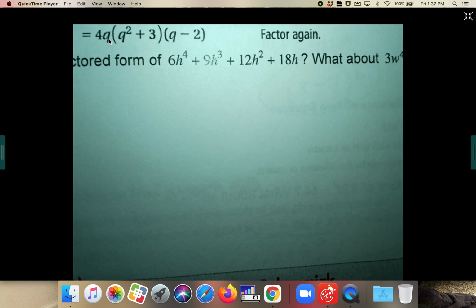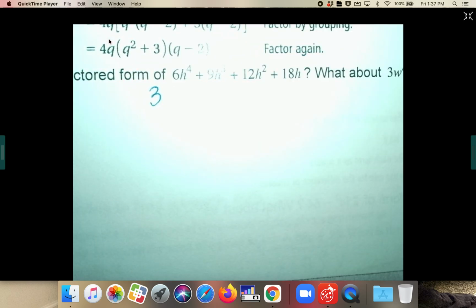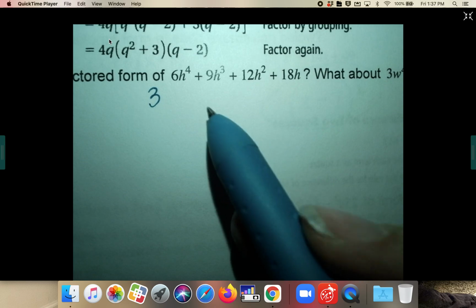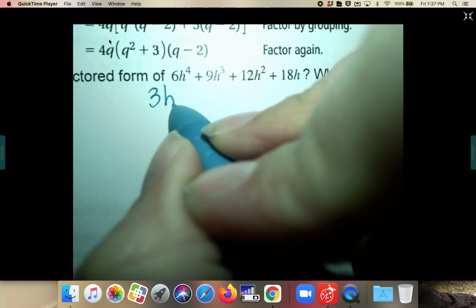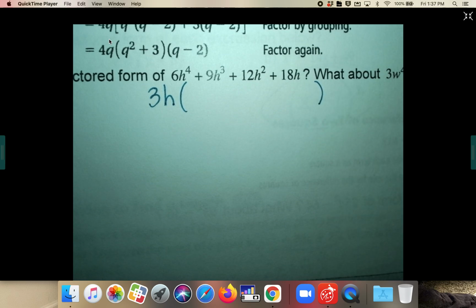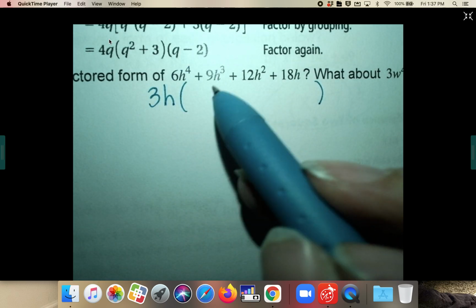Sorry, I should be telling you what I mean. So you can divide out a 3. Now, what about h's? You have h to the 4th, h cubed, h squared, and you still have 1 h here. So we can actually divide 1h out of each of these. And it leaves all the things that would be on the inside.